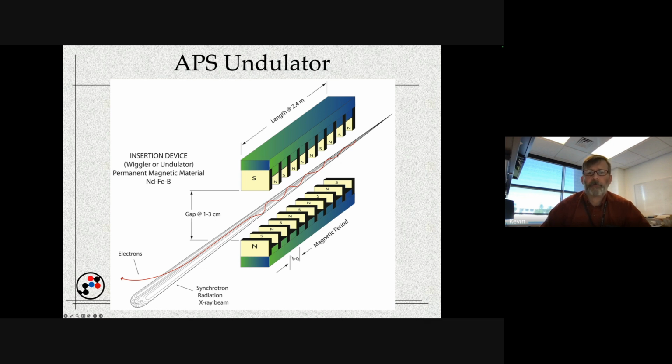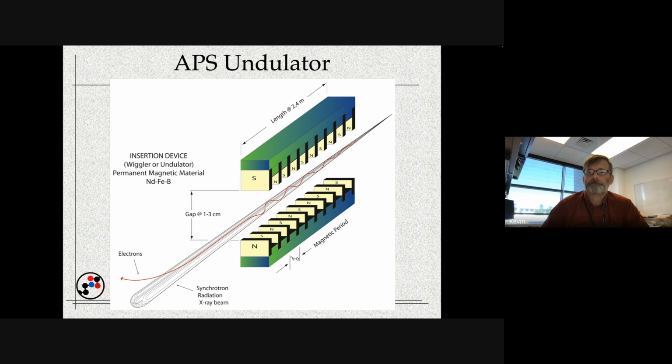This gives you an extremely intense, very collimated X-ray beam coming out of the undulator. For this reason, this is what most people want to use for most experiments now, because you can get an extremely intense X-ray beam that you really can't get out of a bending magnet beamline.